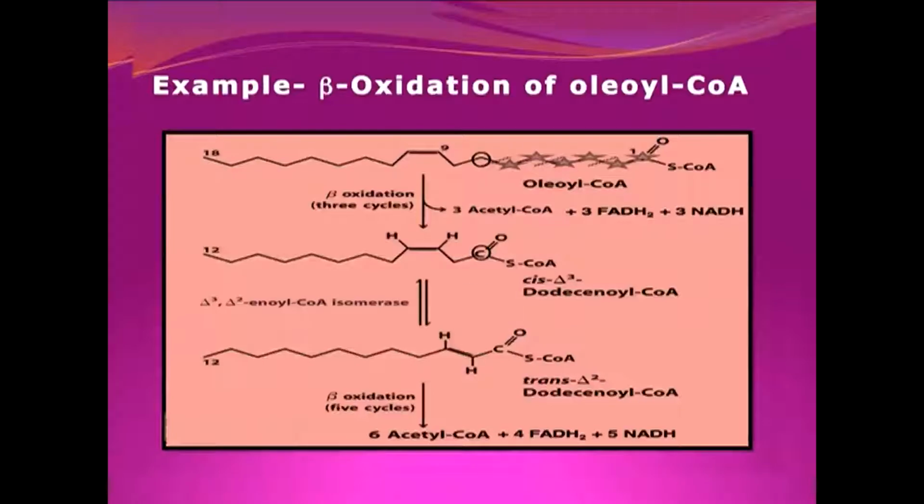That is, there is a formation of a cis delta 3 enoyl-CoA, which is a poor substrate for the enzyme enoyl-CoA hydratase. So, the enzyme enoyl-CoA isomerase converts the cis delta 3 double-bonded enoyl-CoA to a trans delta 2 double-bonded enoyl-CoA, and then the usual pathway of beta oxidation proceeds. So, after 5 cycles, 6 molecules of acetyl-CoA are formed and the beta oxidation of oleoyl-CoA gets completed.